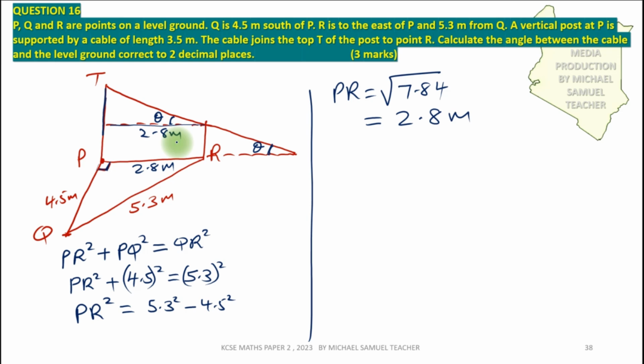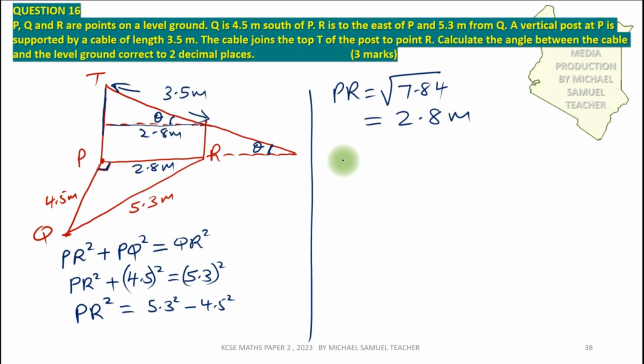Something else that we require is the other information. A vertical post at P is supported by a cable of length, the cable joins the top T of the post to point R. So this is the length of the cable, 3.5 meters.